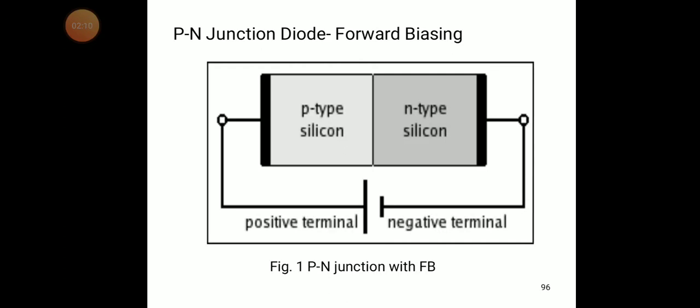We apply an external DC supply to the device in order to know the behavior of the PN junction diode. That DC voltage is called biasing.